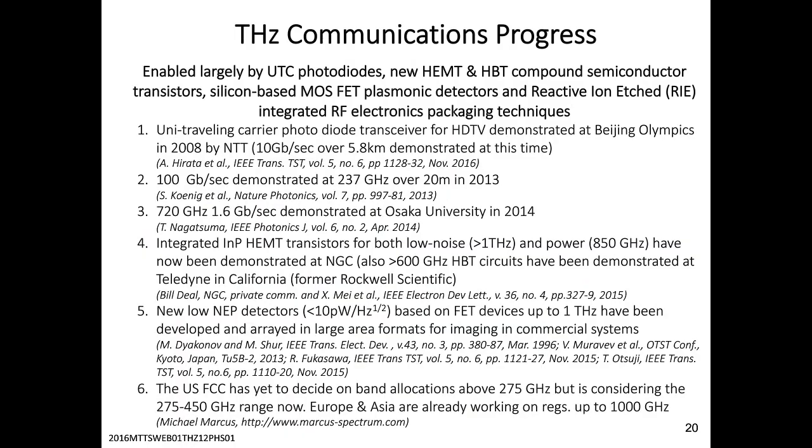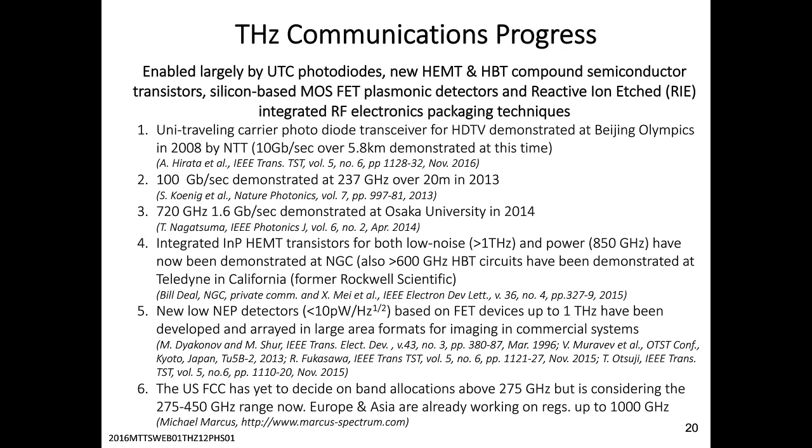field. Sorry, this graph is a little bit busy, but basically because of the advent of these nice uni-traveling carrier photodiode transceivers that people have been working on, largely in Japan, you can now get signal transceivers all the way up to 600 or even a little bit above 600 gigahertz direct from optical to RF.